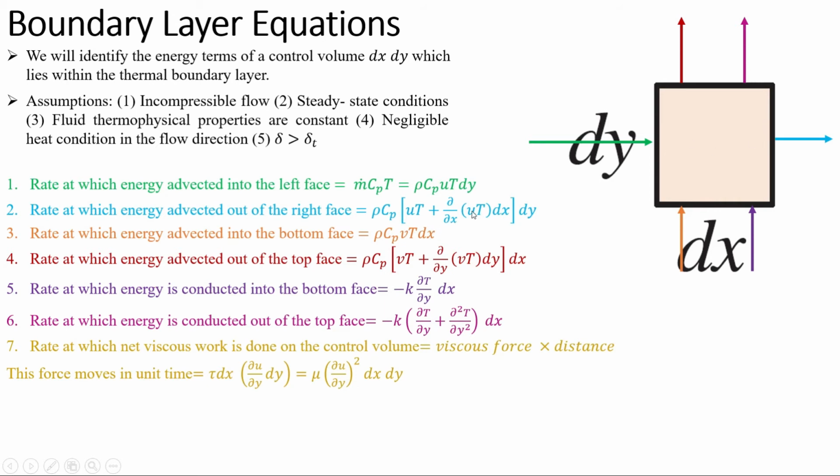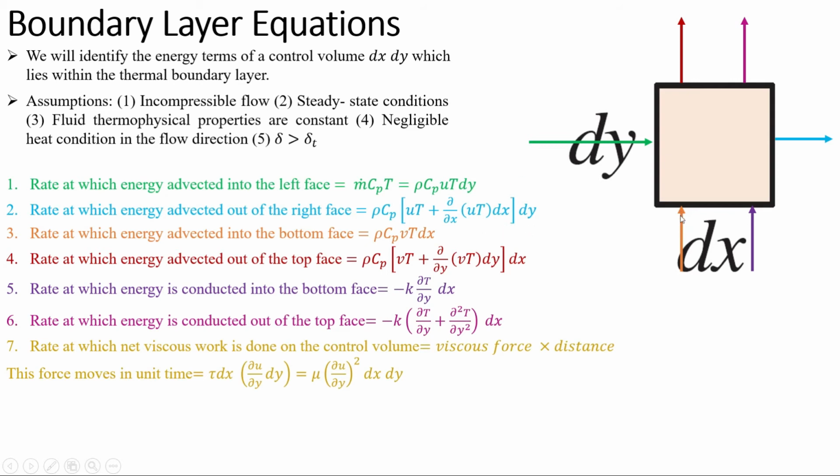Here within this control volume, as you move in x direction, it is obvious that this energy in will get changed with respect to x. So the amount of energy that goes out of the right phase will be rho Cp (uT plus ∂/∂x (uT) dx) times dy.